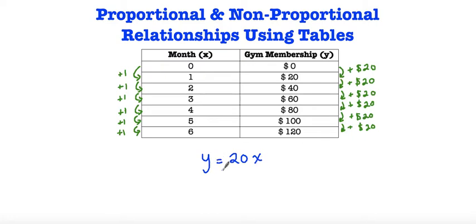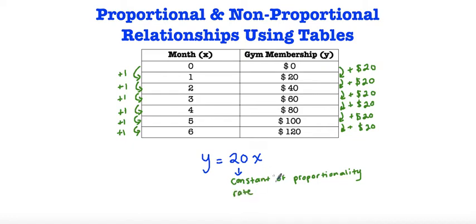And the same is true that if we knew the cost, we could find out how many months we would have membership for. So 20 here represents our constant of proportionality. Other words that can be used to describe the 20 would be rate of change, because every month that we increase, the membership increases by the same amount, which is $20.